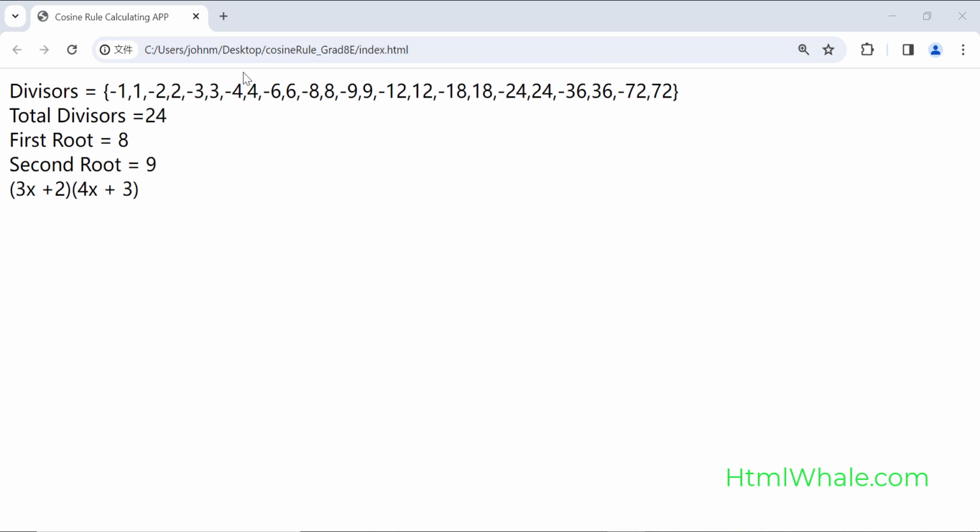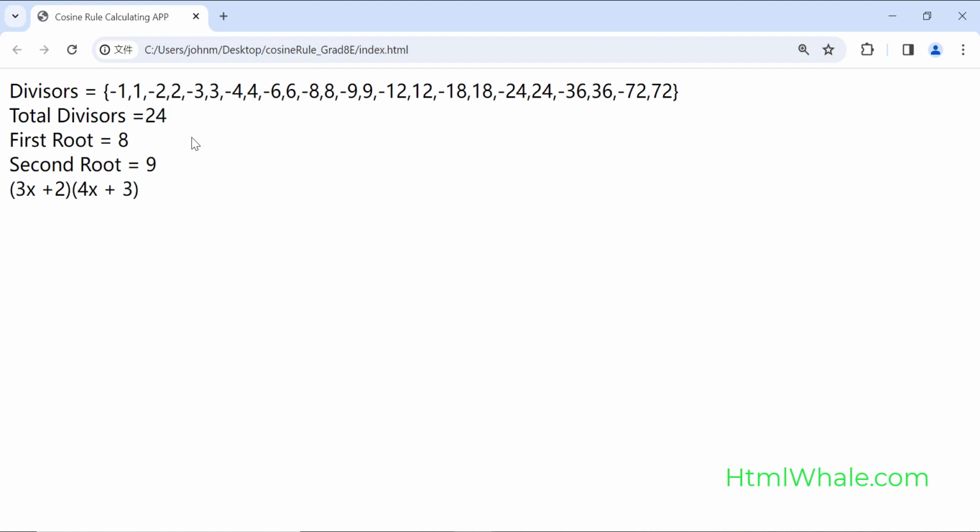You can clearly see that we have got 8 and 9 as stated to be as first root and second root. Now this will cause some ambiguity among people because of the fact that actually -8 and -9 are the roots of this original polynomial which we considered.